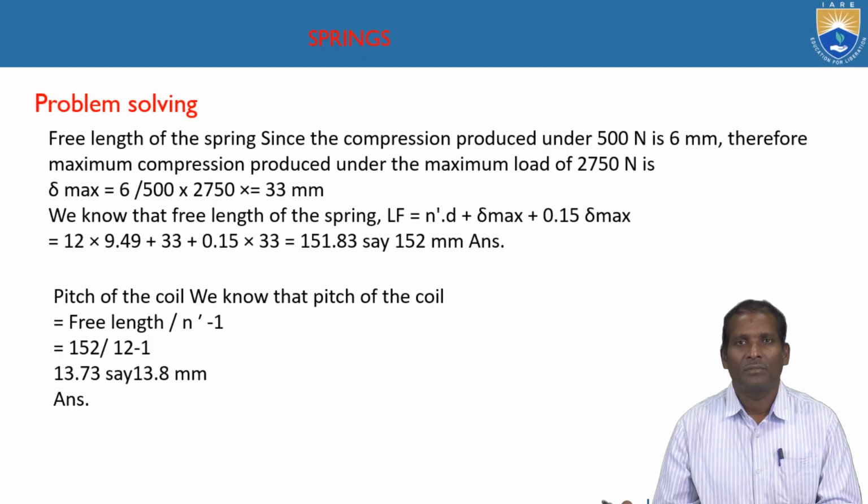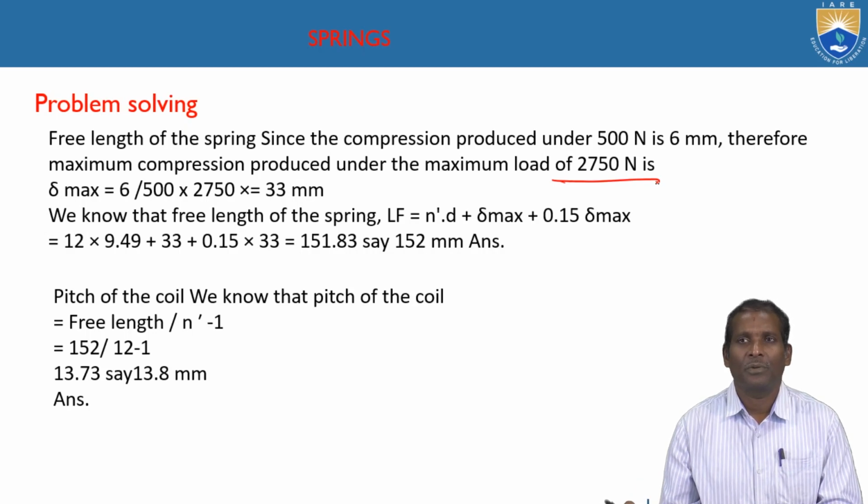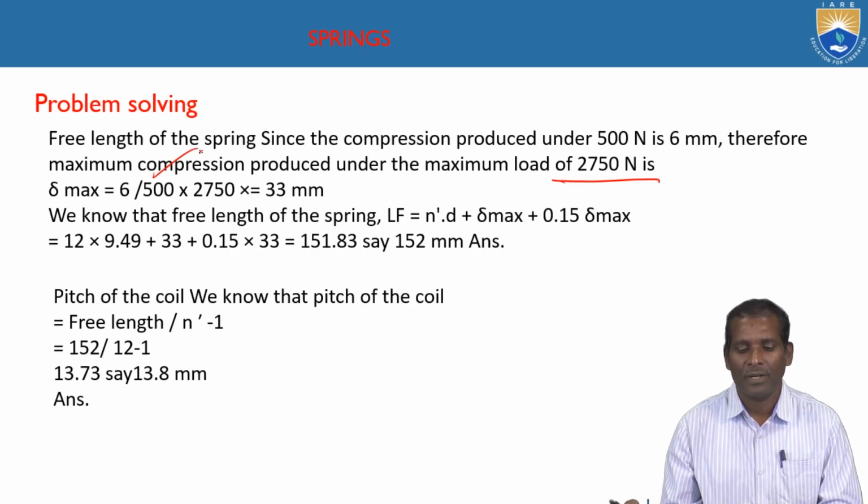So what is the maximum compression produced under the maximum load? The maximum load is 2750 newtons. So delta max is equal to 6 on 500 into 2750.